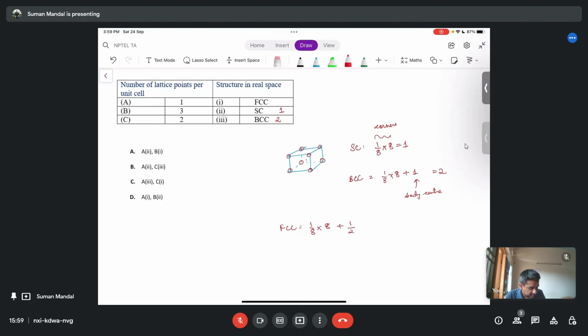So we have half into 6, which is 3, plus 1, equal to 4. So FCC has 4 lattice points per unit cell. So the answer is B.